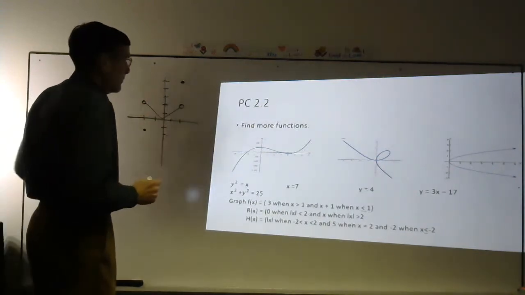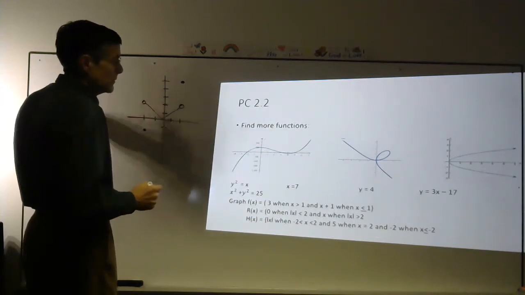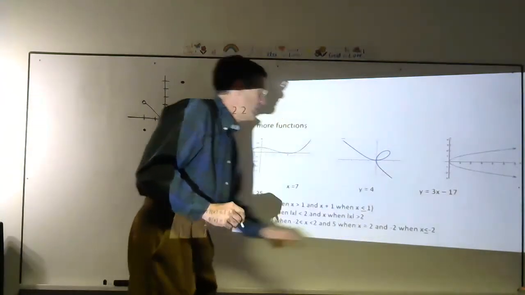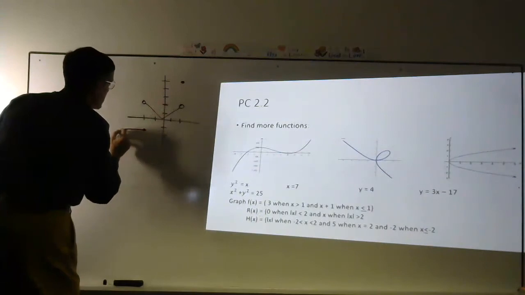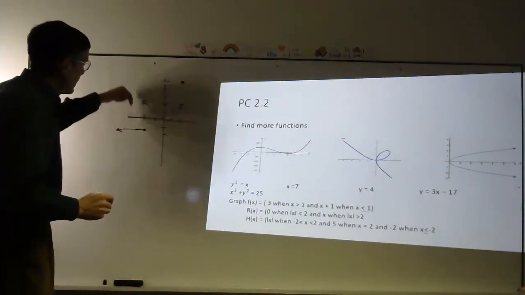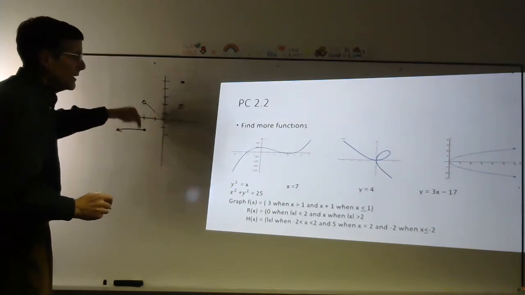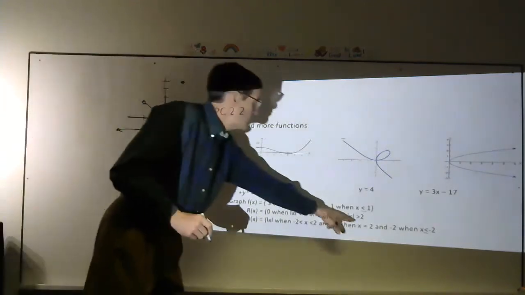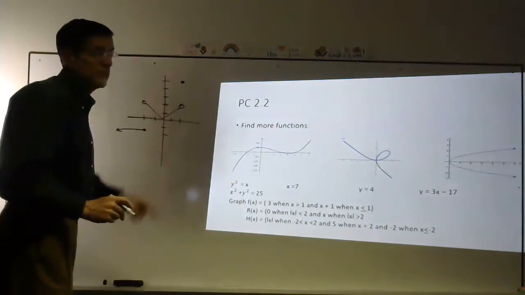Okay? And when it's less than or equal to -2, the y values are all -2. So when you're less than -2, everything goes down to -2. And when x was 2, it's simply at 5.